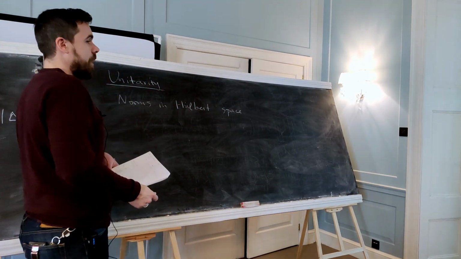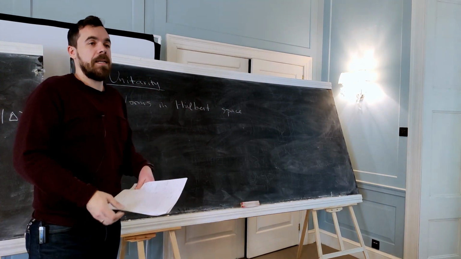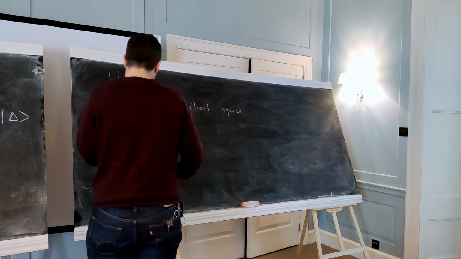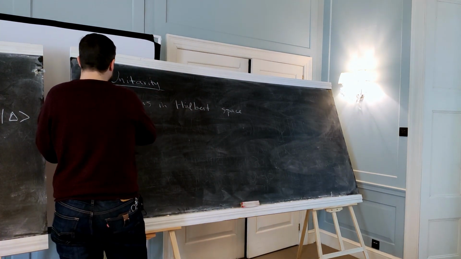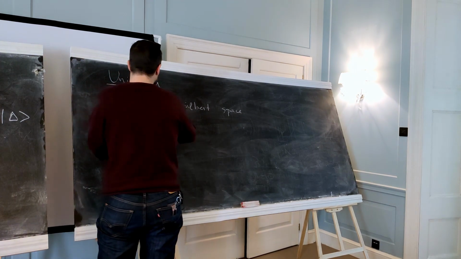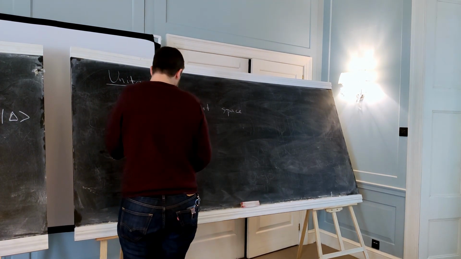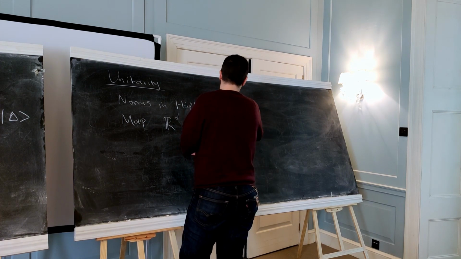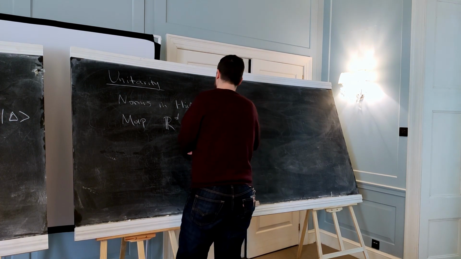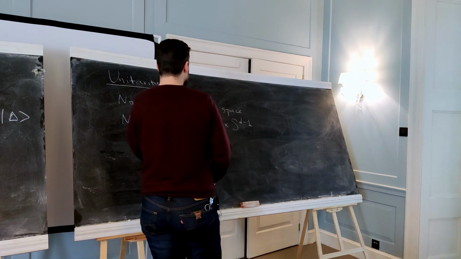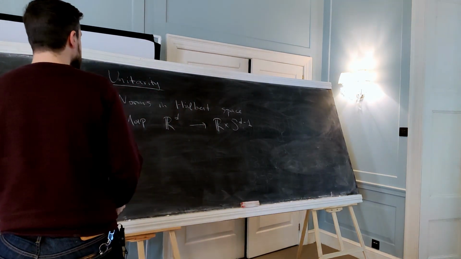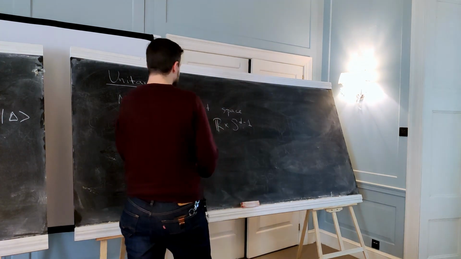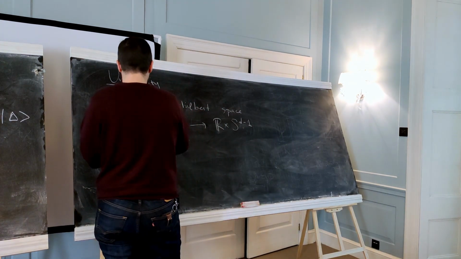Since we have conformal transformations, we can map R^D to R times S^(D-1). People say we can go from the plane to the cylinder. So this is a mapping from R^D to R × S^(D-1), which you can do with a conformal transformation. It looks like this.